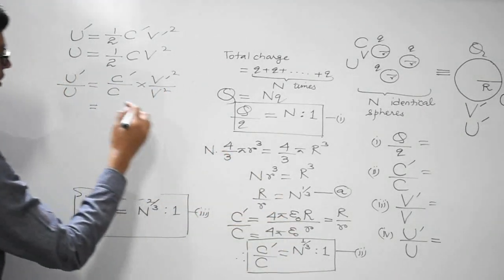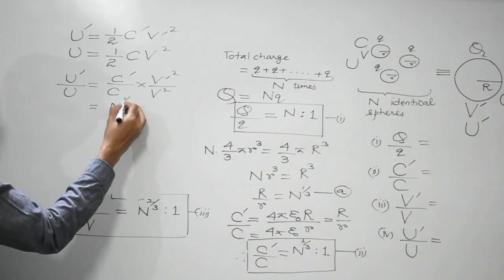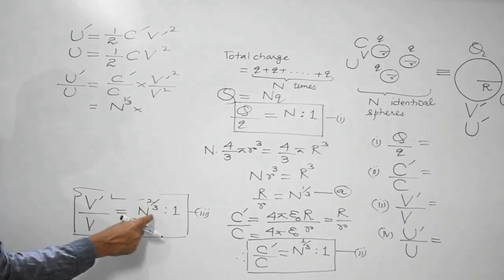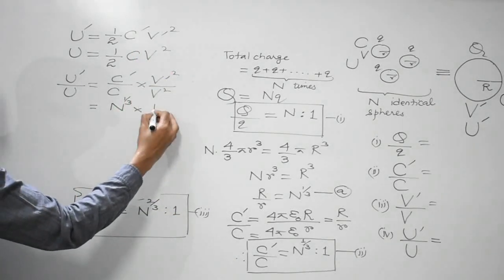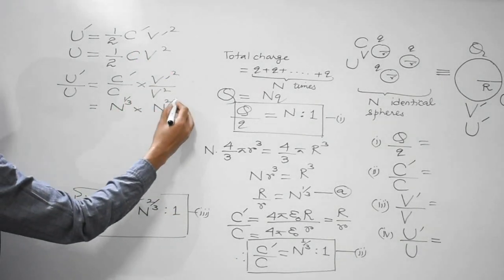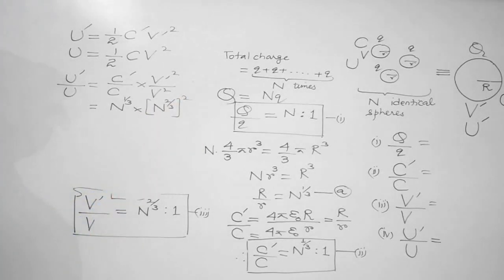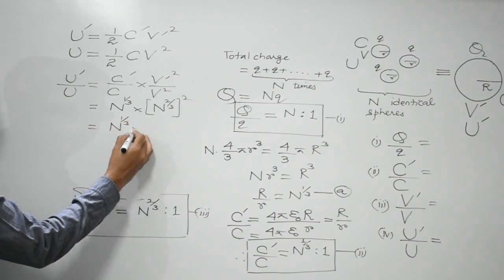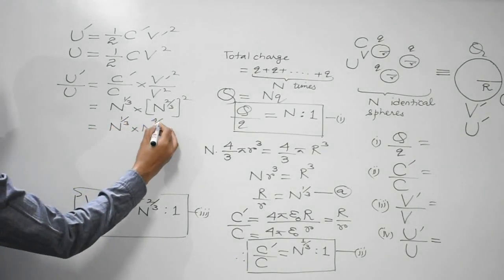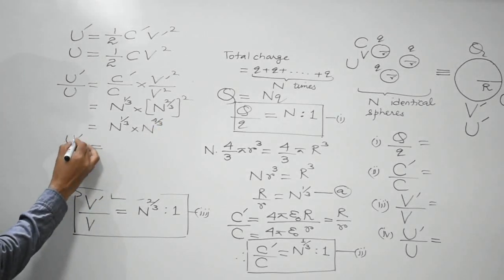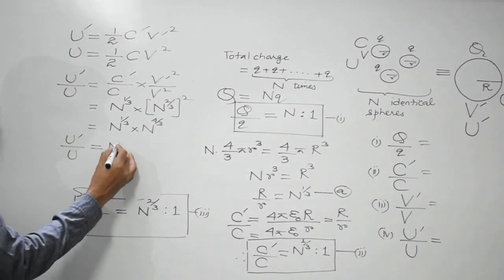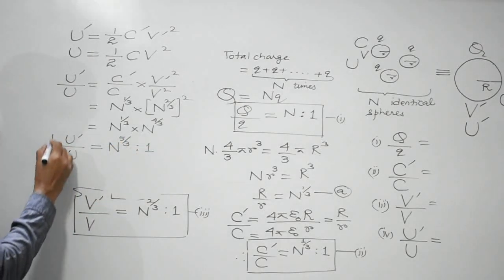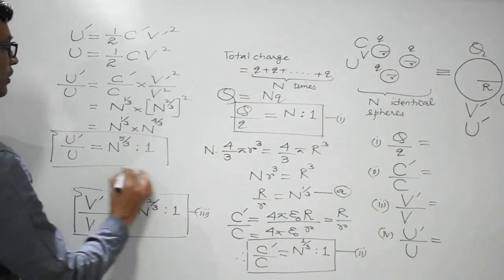C dash by C is n to the power 1 by 3. What is V dash by V? V dash by V is n to the power 2 by 3 is to 1, and square of it. Clear? So what we get is n to the power 1 by 3 multiplied by n to the power 4 by 3. So U dash by U will be equal to n to the power 5 by 3 is to 1. So this is the answer of the fourth part.